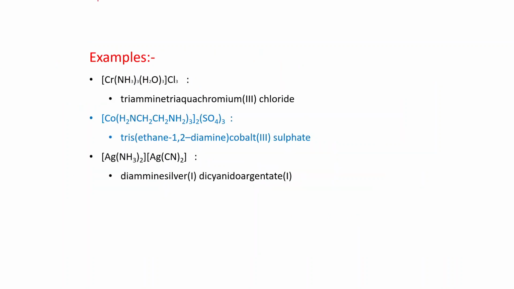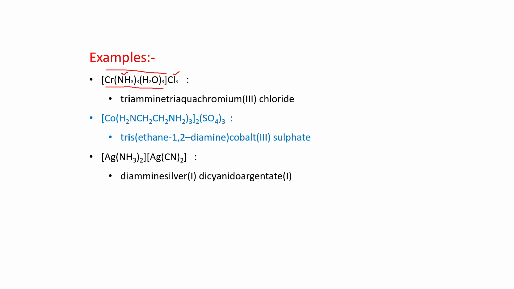Now see some examples. This is [Cr(NH3)3(H2O)3]Cl3. We can say in this case, this is a coordination entity which is positively charged, and this is a counter ion which is negatively charged. First, we will write the name of the positively charged coordination entity, and in this entity, first we write the name of ligands in alphabetical order.